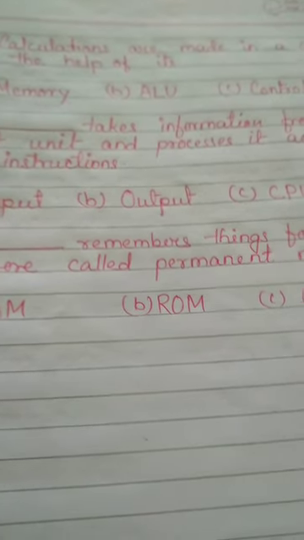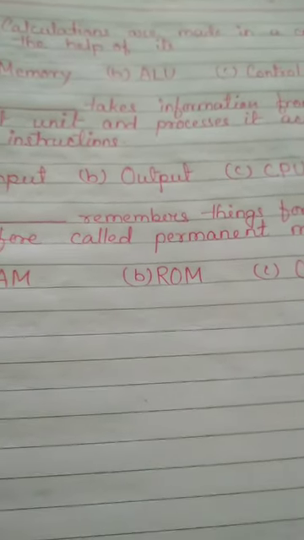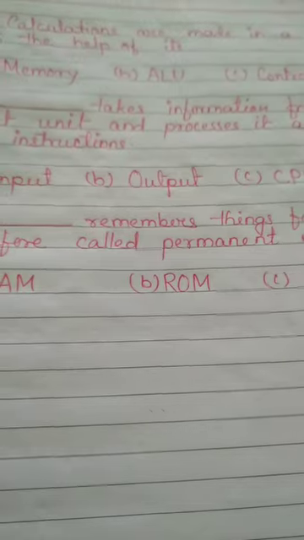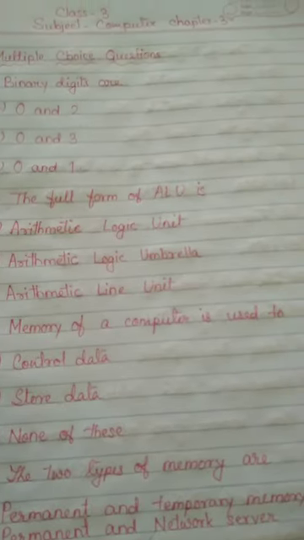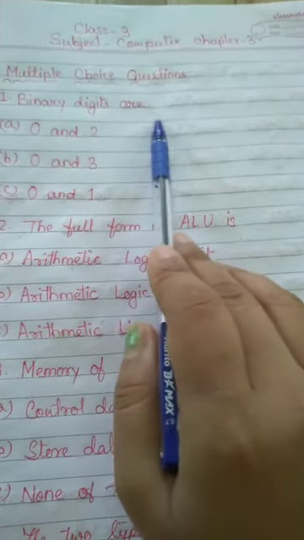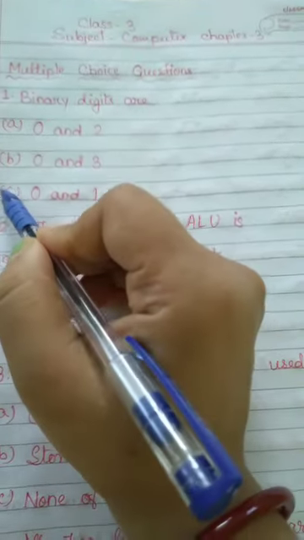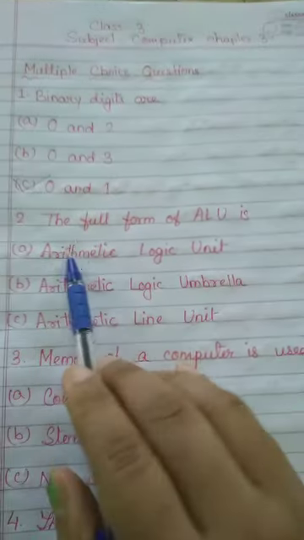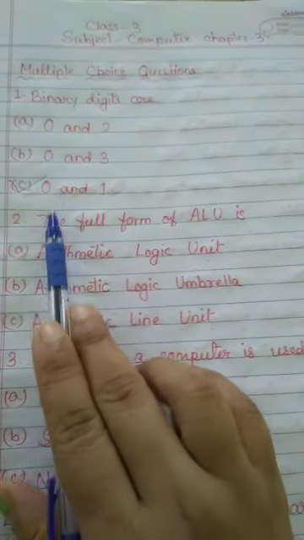Okay, now let's summarize the topics which we have studied today. We have discussed question number 1. Binary digits are, which one is the correct? Option C is correct. Now you can write.